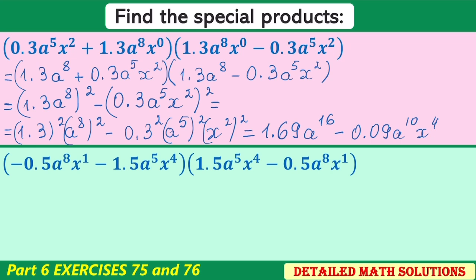In the next exercise, I need to write the two terms within the second parenthesis in a slightly different way. I need to switch the places of the two terms.